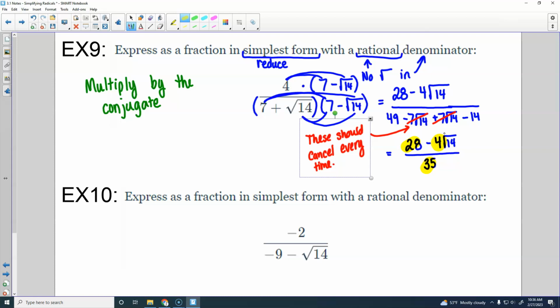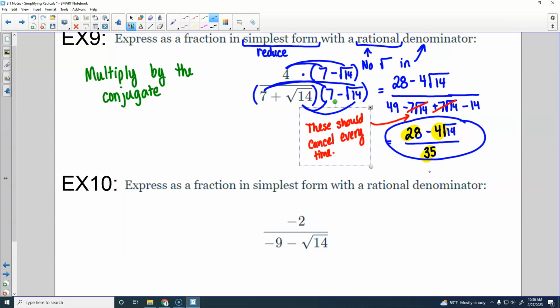I don't think there's anything else that will go into everything here, so we would just leave it for that. So this will just be our answer. So when you're looking to see if things will reduce, you have to look at every single term there. Okay, questions?